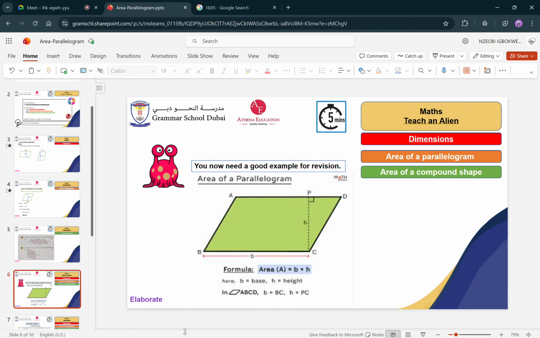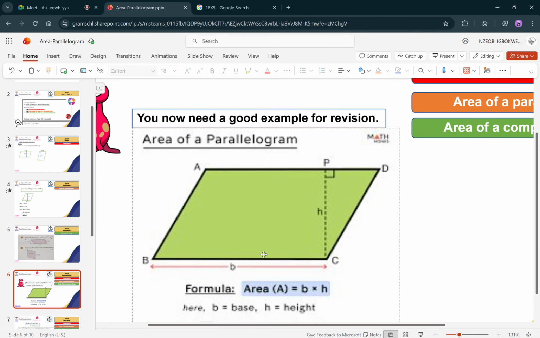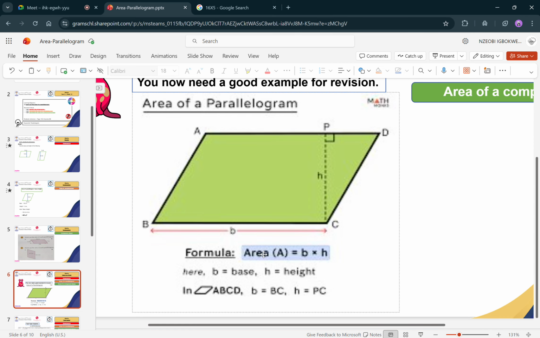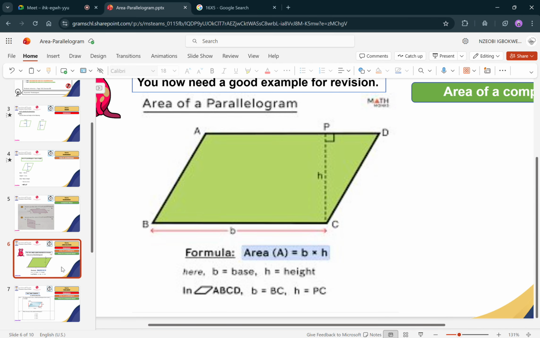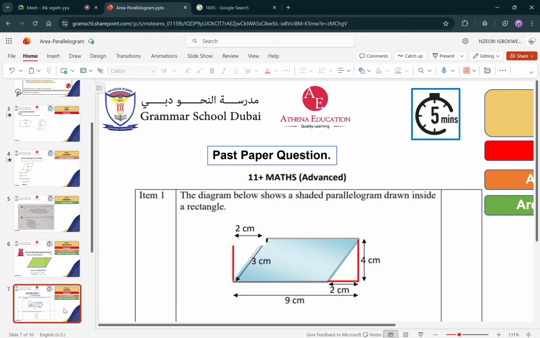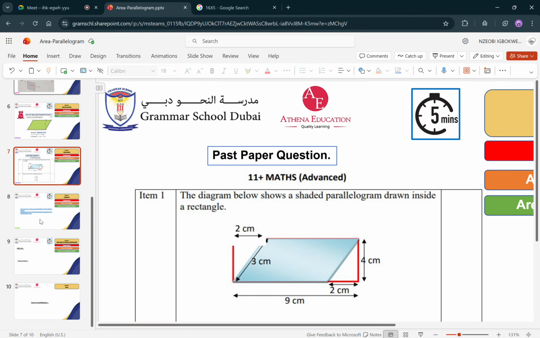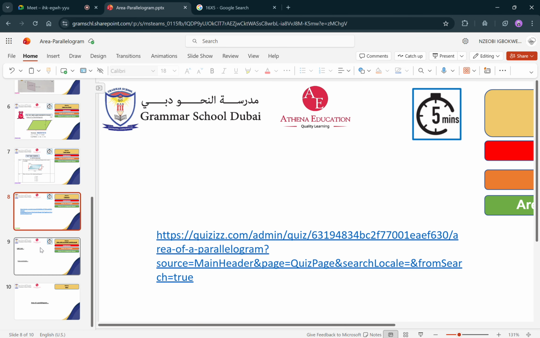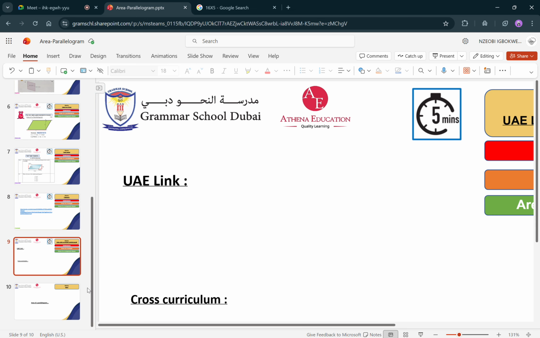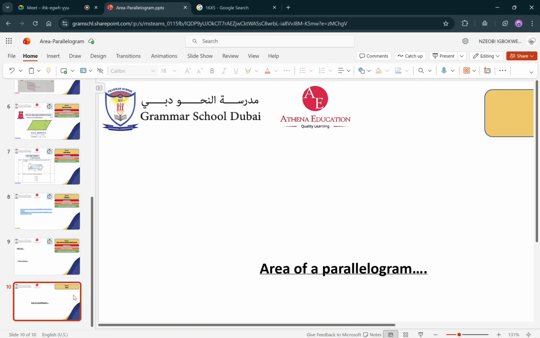So they are just trying to explain what we already know. We've done that. So go to the next slide where you have a problem, where we'll have a good example, just like they said. Past paper questions. After that, we are almost done with the class.